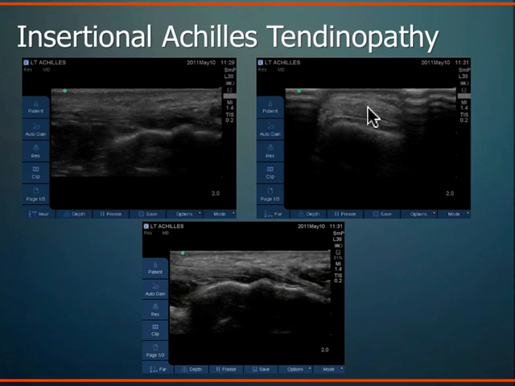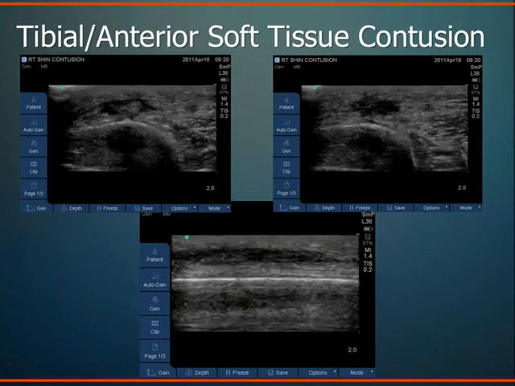This is the short axis view of the tendon, calcaneus hyperechoic line here. And what you can see is the calcaneal insertion, Achilles tendon coming down here, and you're getting disruption of normal architecture. This was not anisotropy. As I move the probe around, that discrepancy stays there. That's a localized fluid collection, disruption of the insertion. And insertional Achilles tendinopathy is a very common diagnosis and very easily visualized on ultrasound.